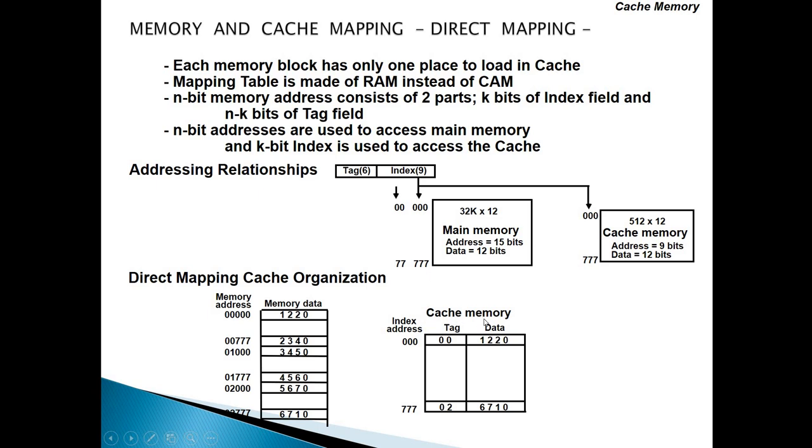Hence, the entire cache memory is divided into two parts: tag and index. The address register specifies the tag part as well as the index part, but the index part is compared with the address in the cache memory. If the index part is the same, then it will compare the tag part. If the tag is also the same, then the data will be transferred to the CPU.